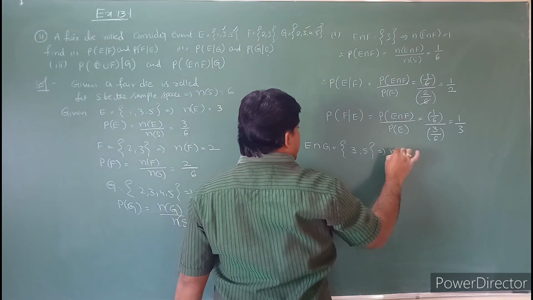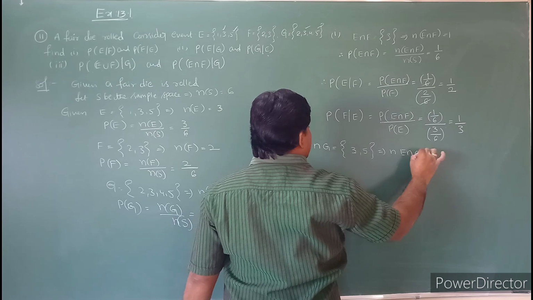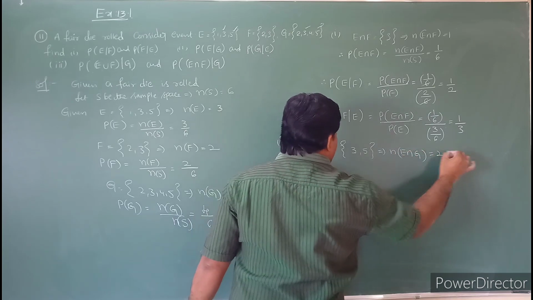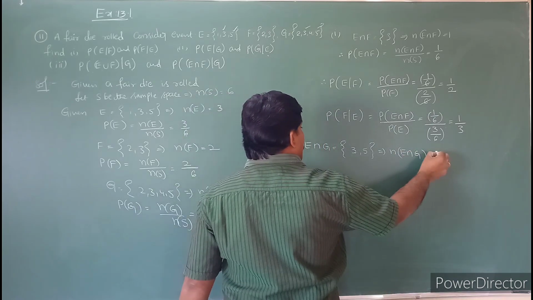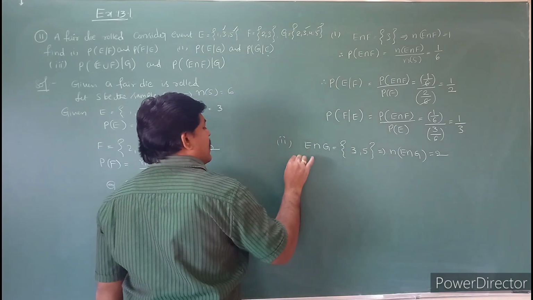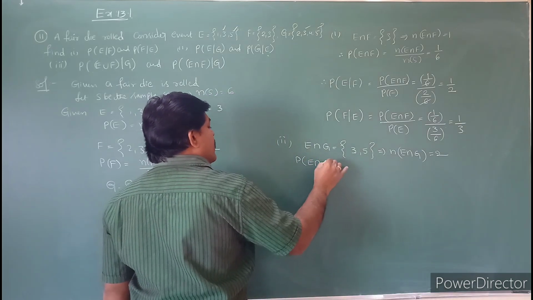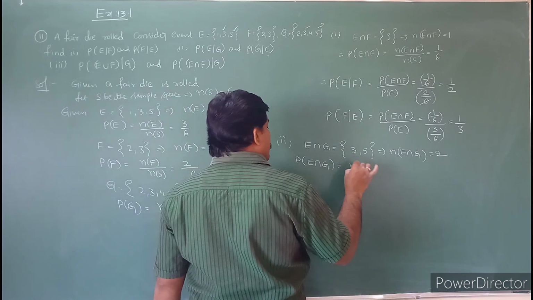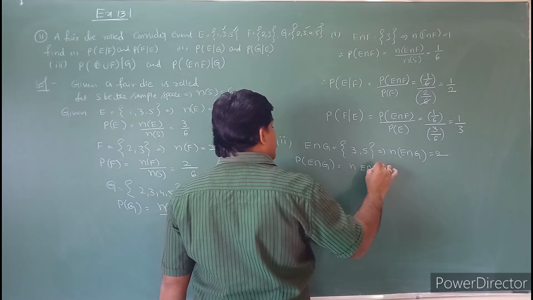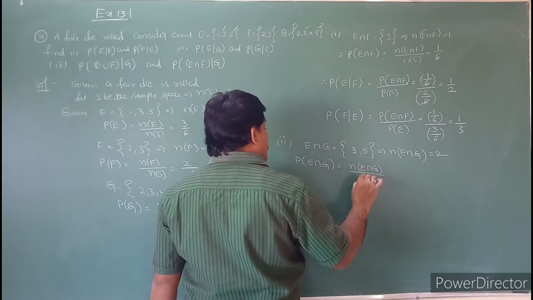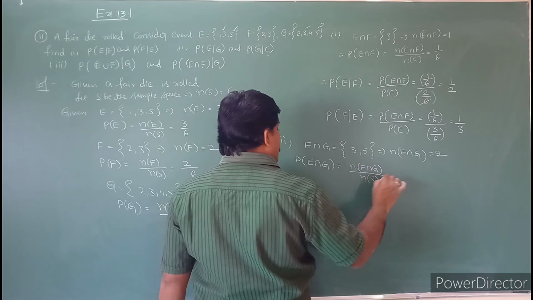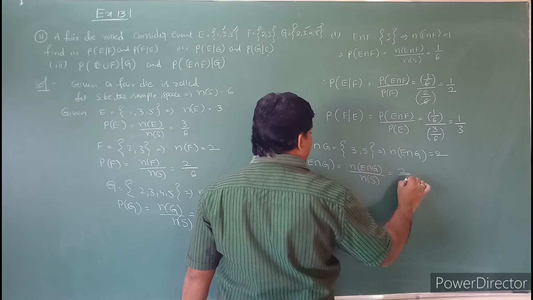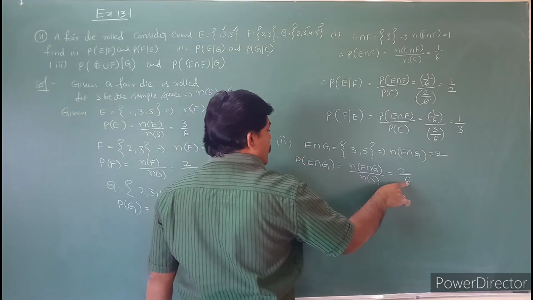That implies n of E intersection G is 2. After getting this value, the probability of E intersection G is equal to n of E intersection G divided by n of S, so this value becomes 2 by 6.